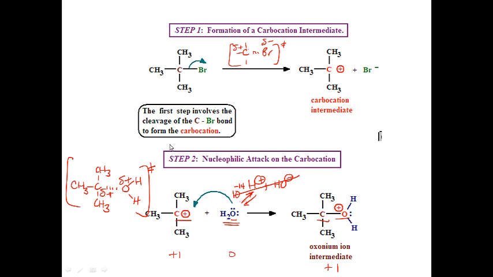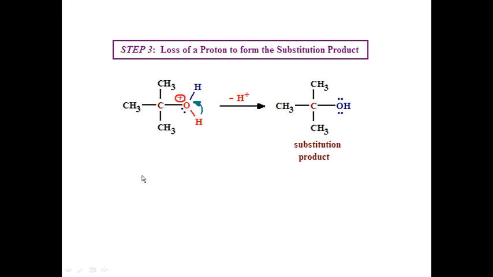Okay. So now I'm going to break the oxygen-hydrogen bond and form an H+. So this oxygen-hydrogen bond breaks, and the pair of electrons goes to this oxygen, leaving an H+, and maybe I should write the H+ over here on this side. So it's a product along with our substitution product, our alcohol.